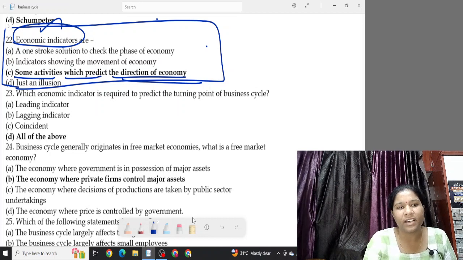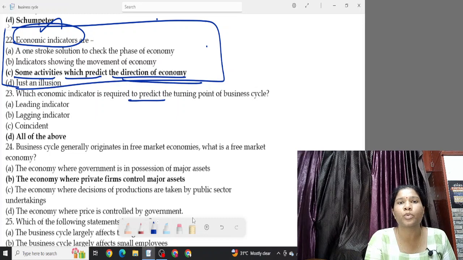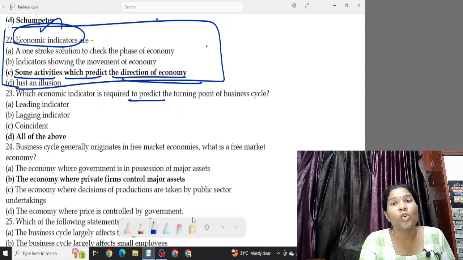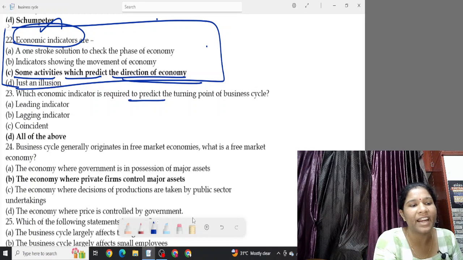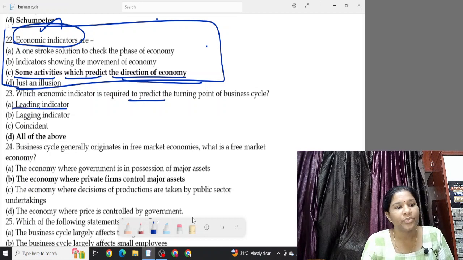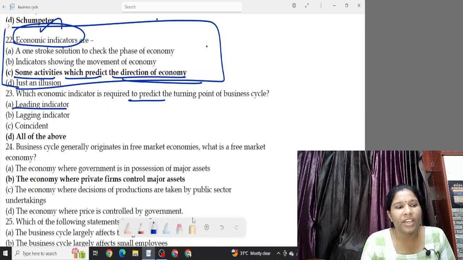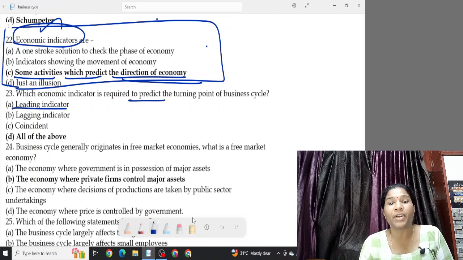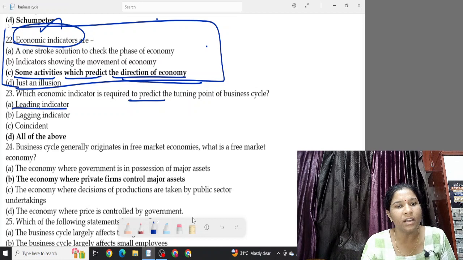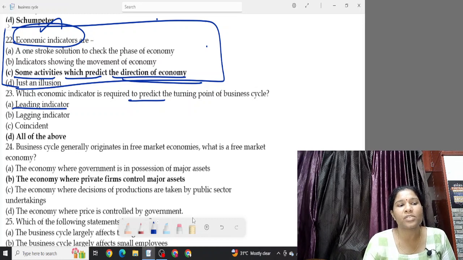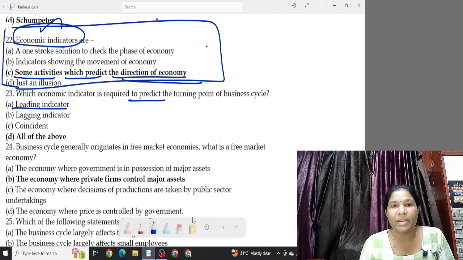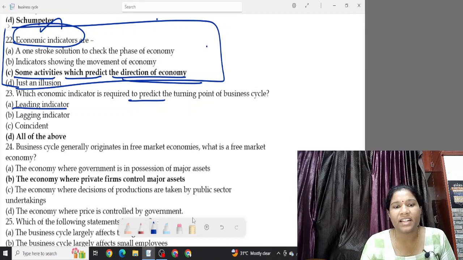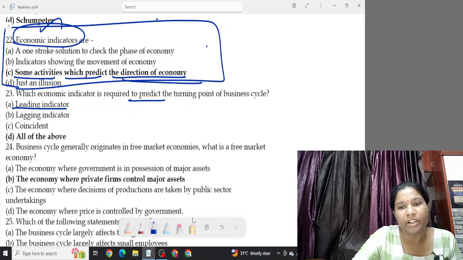But sometimes we get confused because of the usage of the word predict. Who can predict something happening? Leading indicator can alone predict, no? So sometimes we might get confused. Even I would get confused and go to the answer that maybe the leading indicator is required to predict the turning point of business cycle.